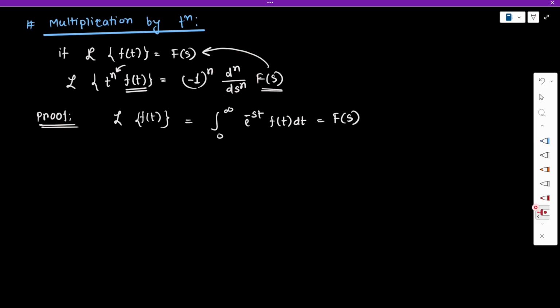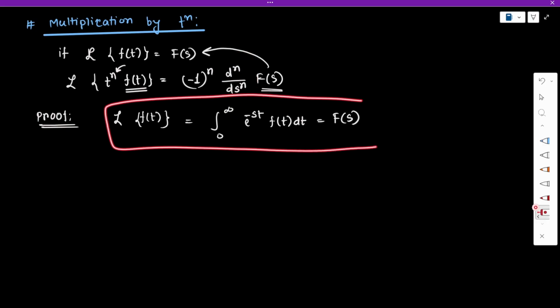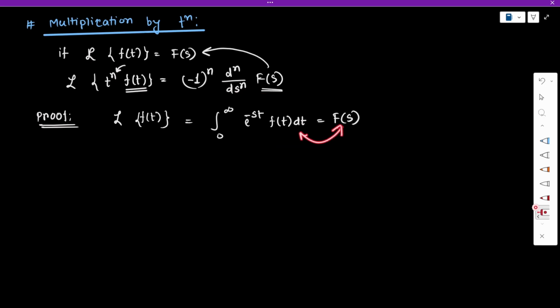So in our proof, if we perform derivatives on both sides of this equation, and if we can prove that making a derivative here results in a multiplication of t here, then our proof is complete. My words will make more impact when we finish solving the proof.